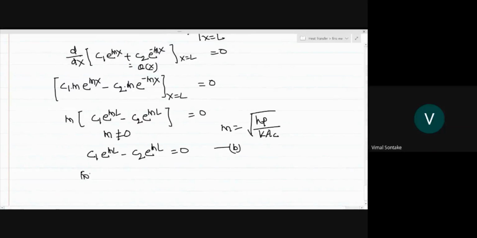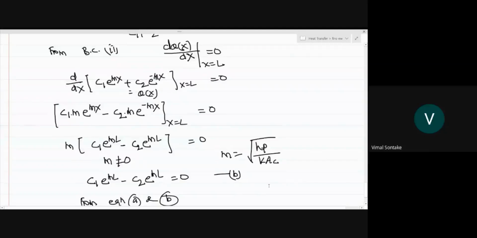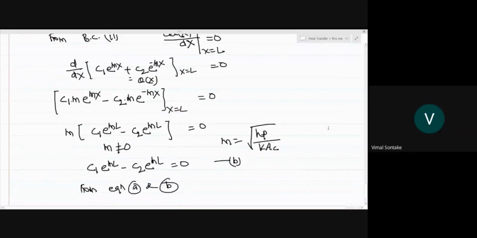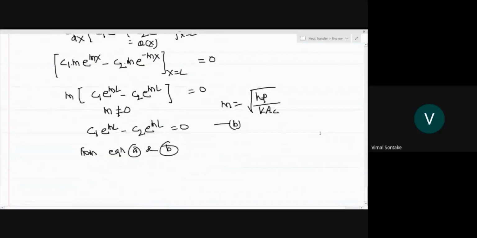So, from equations A and B, if you solve these two equations, these are nothing but simple linear algebraic equations. C1 plus C2 is equal to theta s, equation A, and C1 e power ml minus C2 e power ml is equal to 0, equation number B. So if we solve these two equations simultaneously to get the values of C1 and C2, I will get the value of C1.